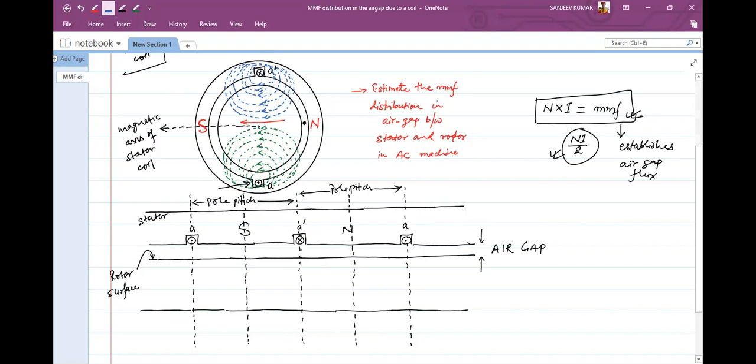So what will be the direction of magnetic flux here? Since at A, the current is going into the screen, according to the corkscrew rule, the magnetic lines of force will be moving like this.